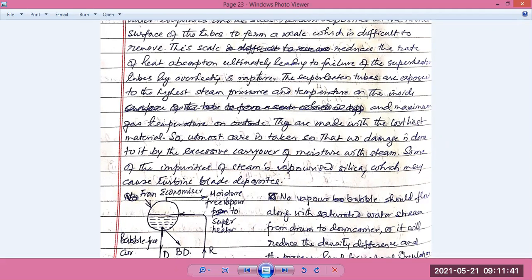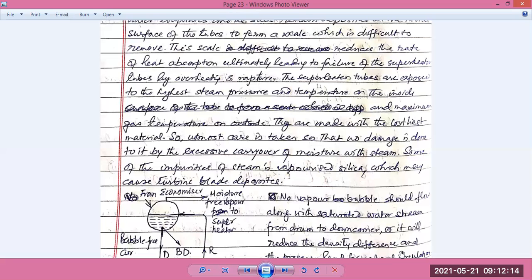Thus the superheater itself is exposed to high pressure and temperature inside these tubes, because the steam is supplied to it at a high pressure, and it is to be heated to the highest temperature, and it is being surrounded with the flue gases of the highest temperature in the furnace.